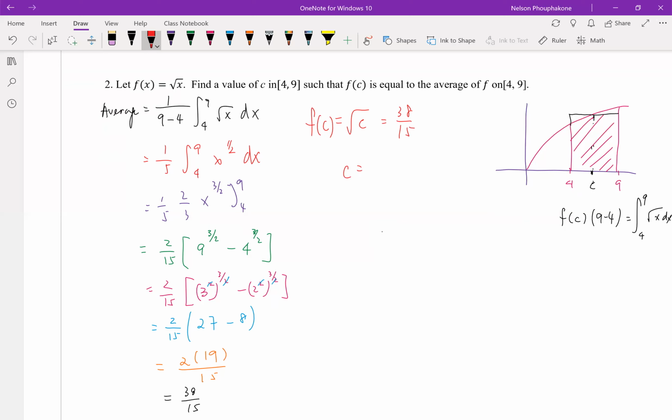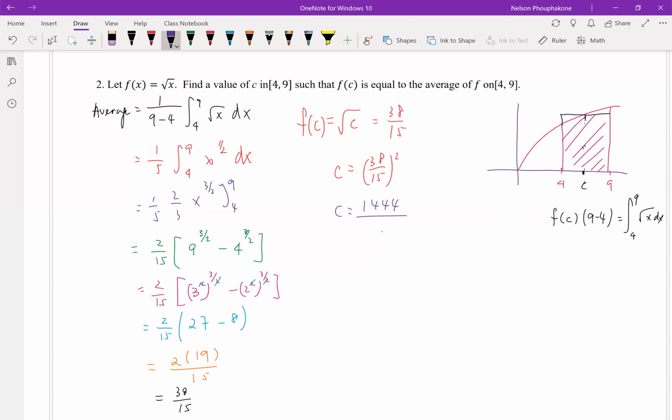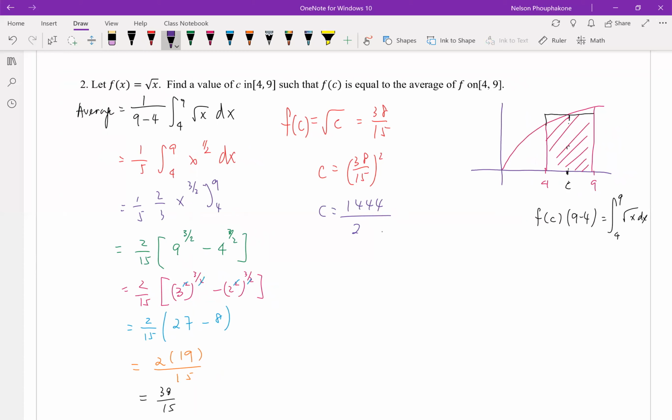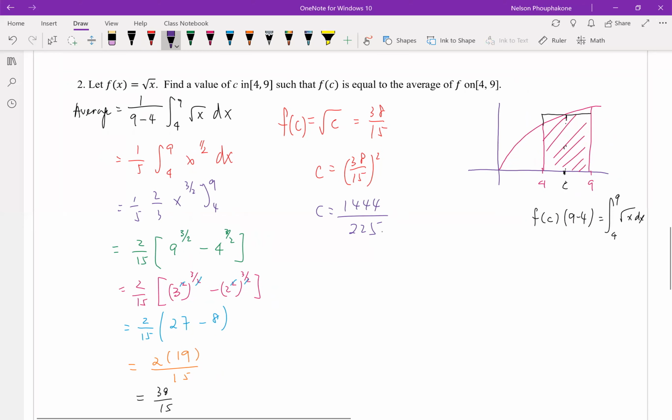Then I have C as the square, which is 1444 over 225. Meaning this number C right here is 1444 over 225, and this is the idea to find the average value.